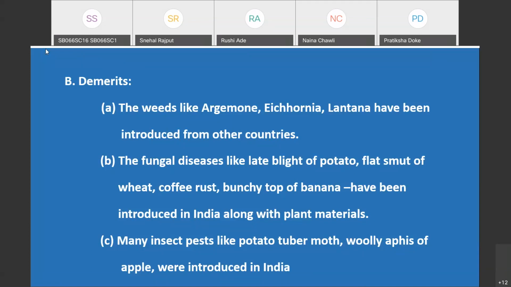But these happened when the plant protection law was not strictly practiced. Nowadays it is very difficult for different types of insects, pests or diseases to get introduced in India, as these laws are very strictly followed and practiced.